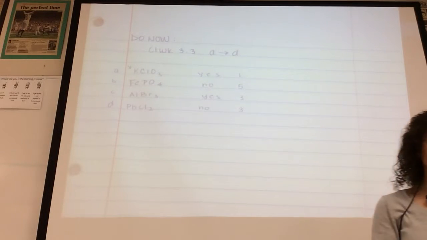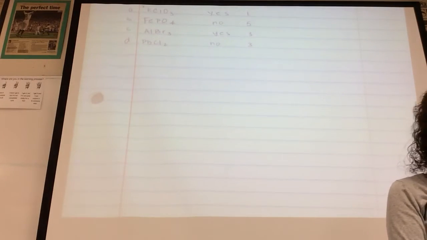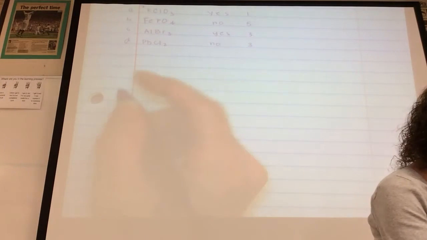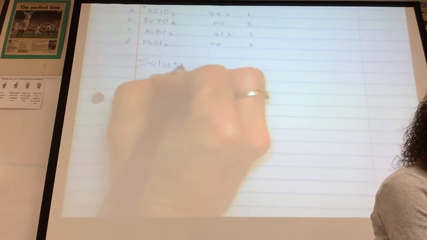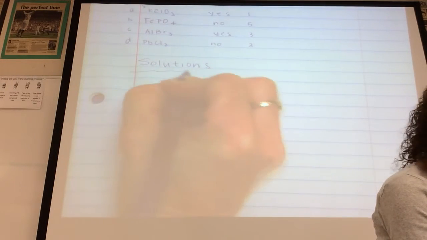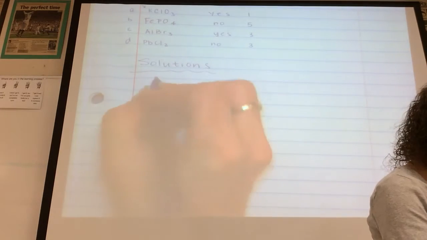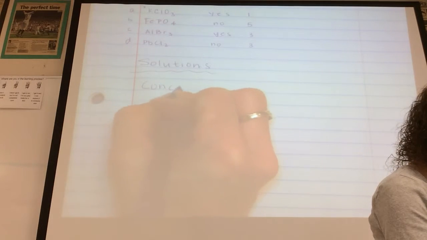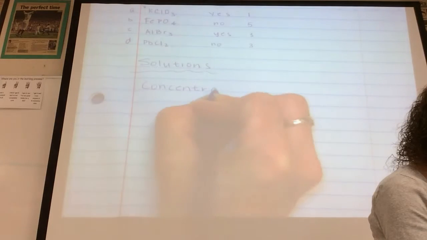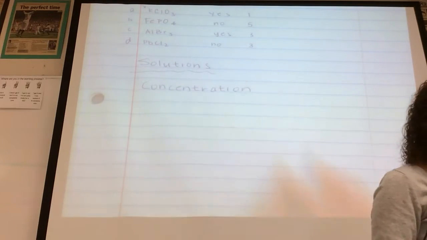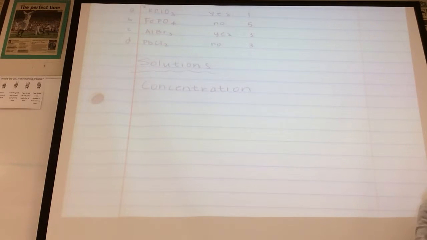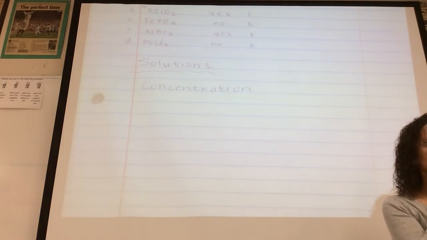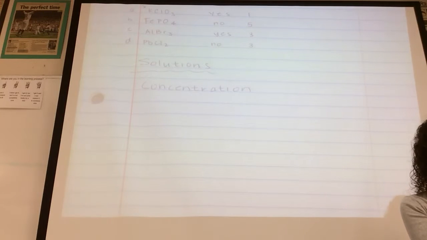What our main focus is going to be on today, we've introduced solutions, and our focus today is going to be on concentration. Without even realizing it, you've actually worked with different concentrations of chemicals already.